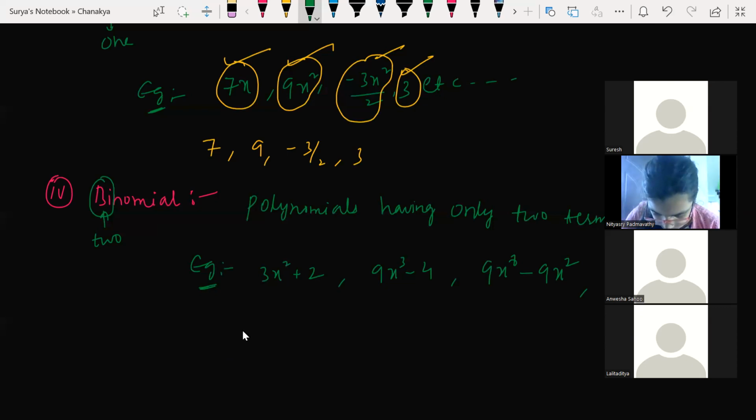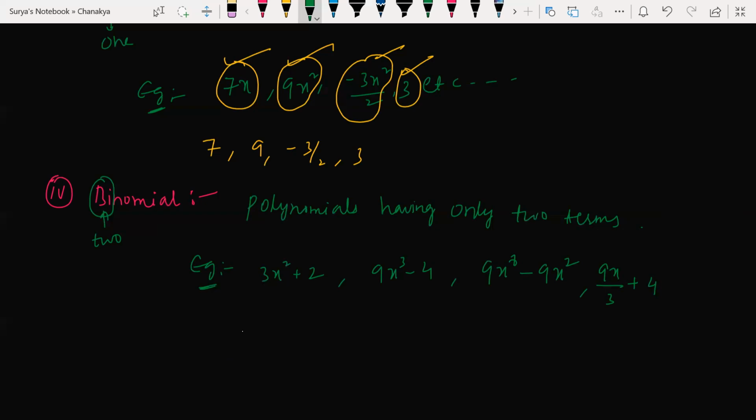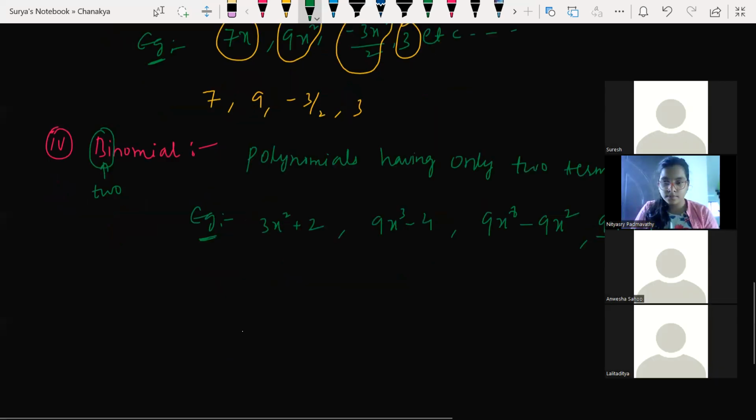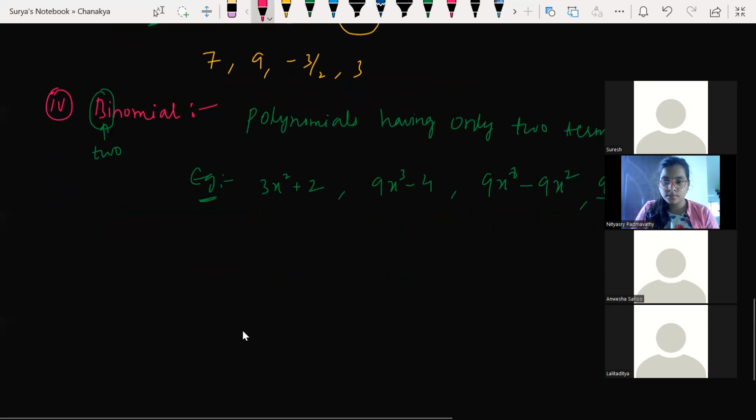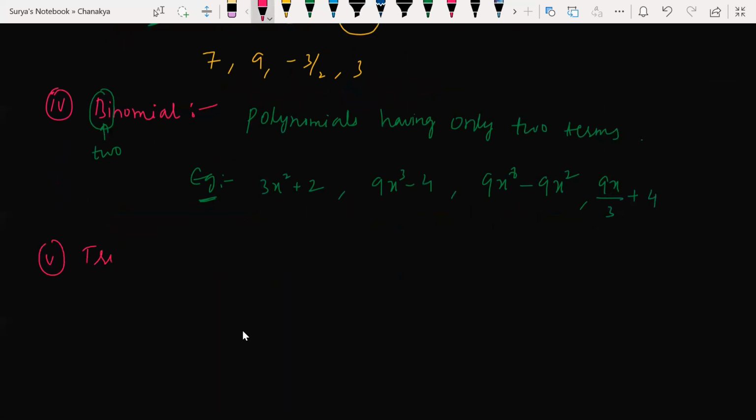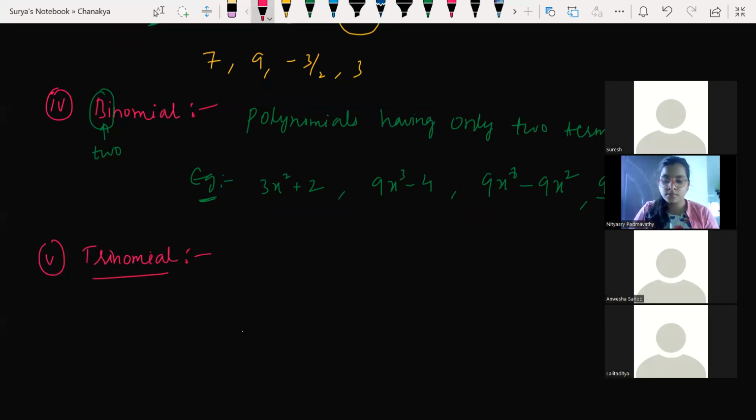Now 3x minus... are you right? Okay, let's write like this. 9x by 3 plus 4. All these are binomials. Clear? Next, trinomial. Any doubts, children?